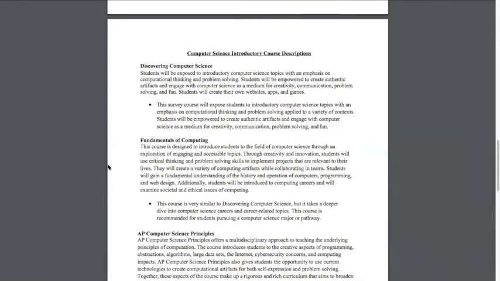But it's an introductory course that has a survey of computer science, and it's a hands-on course. The students are making authentic artifacts. They're engaging in computer science with creativity in mind. It's computational thinking and problem solving being applied to a variety of contexts. It's really a very fundamental survey course of all things computer science.